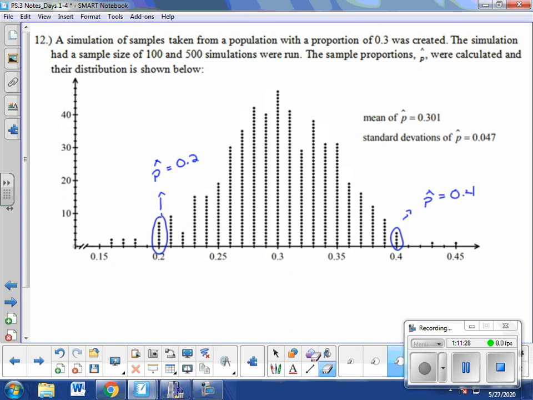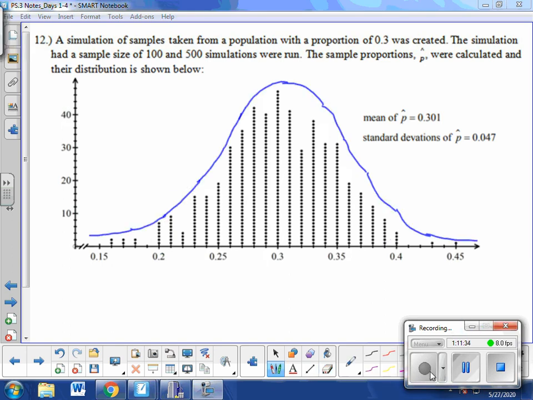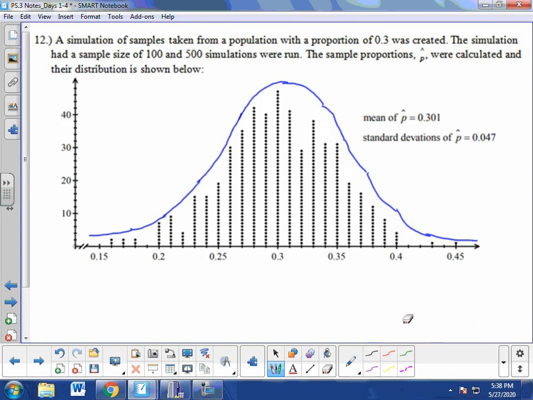But if I look at the combination of all the simulations that were run, I can see the first thing here is that this curve is normally distributed. I drew in a sketch to represent the curve, and that data is pretty close to a normal distribution. It's not exactly perfect, but it's close.